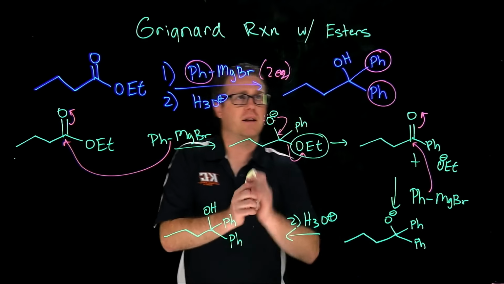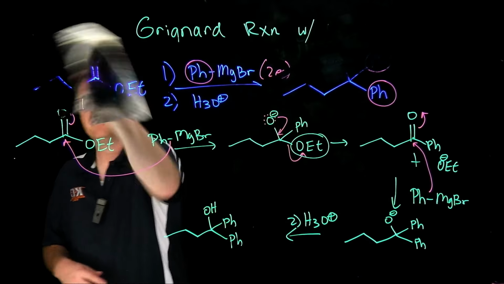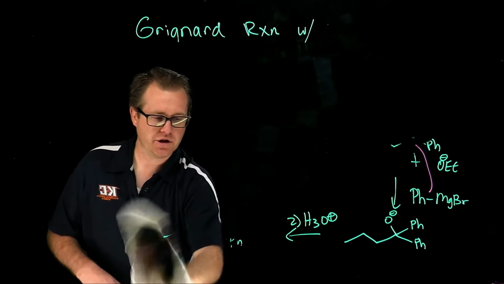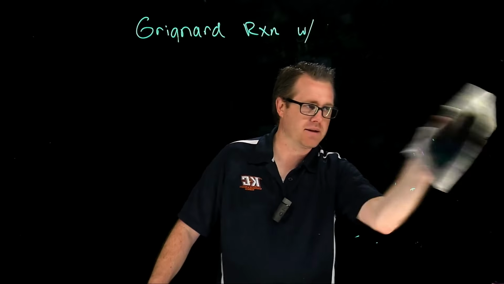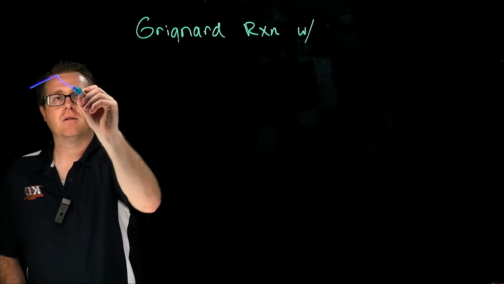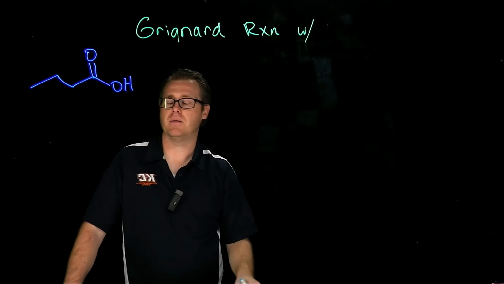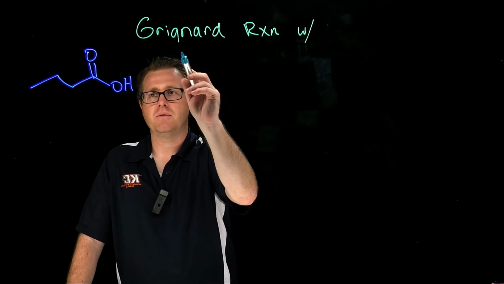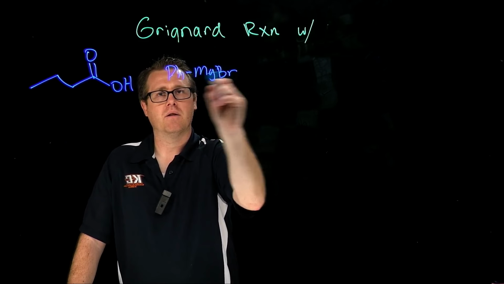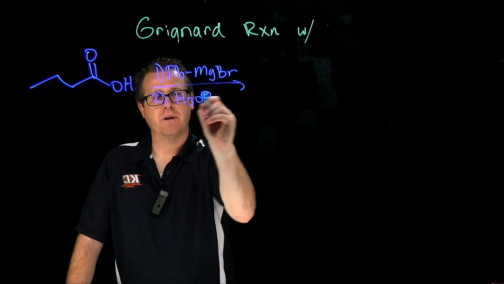What do you think about, what if we had a carboxylic acid? What if we wanted to put a carbon on a carboxylic acid? So for example, what if we had something that looks like this, carboxylic acid, and we want to take our Grignard here, step 1, and then step 2, we would do our acidic workup.